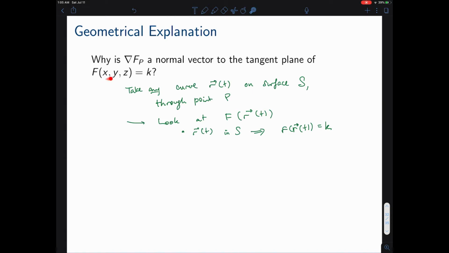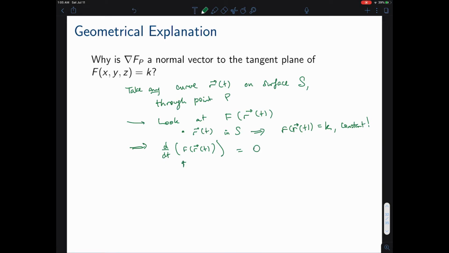Everything on S has f of it equals k, and these are points in S, so f of them equals k, and that's constant. So that means that if I took the derivative of f of r of t, we would get 0.